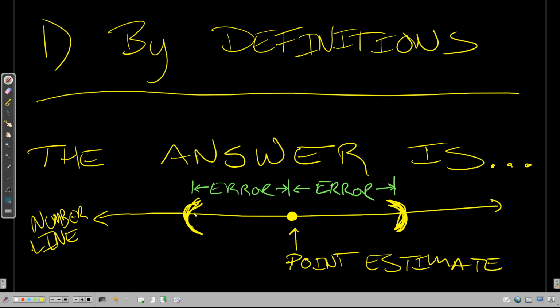Remember that an interval is just a segment of the real number line. So this segment of the real number line right in here, this is our answer. It's this interval. The answer is just the point estimate minus the error and the point estimate plus the error. Super simple.